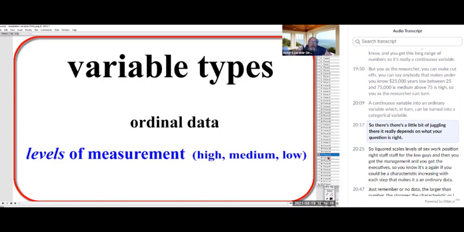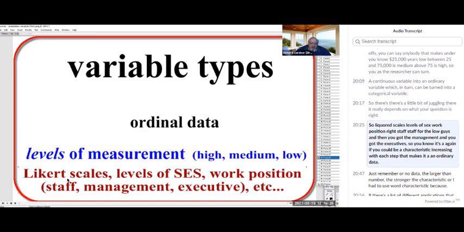It really depends on what your question is, right? So Likert scales, levels of SES, work position, right? Staff were the low guys, and then you got the management and you got the executoids. So, again, if you could feel a characteristic increasing with each step, that makes it ordinal data.